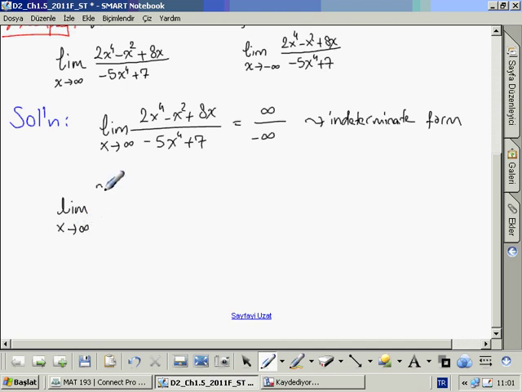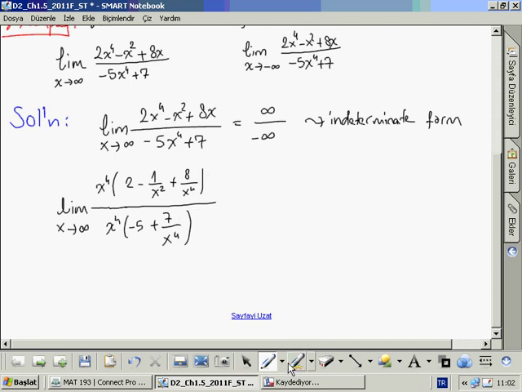The limit as x goes to infinity of x to the power of 4 times (2 minus 1 over x squared plus 8 over x to the power of 4), over x to the power of 4 times (minus 5 plus 7 over x to the power of 4).